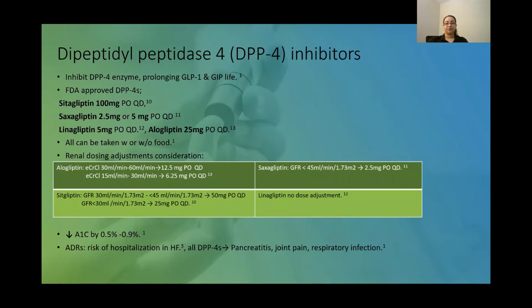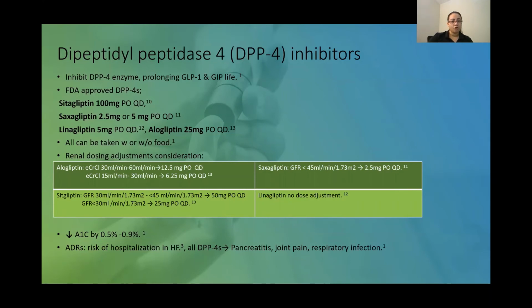Another class that we have is the dipeptidyl peptidase 4 inhibitors. They work by inhibiting the DPP4 enzyme, prolonging the GLP-1 and GIP half-life.